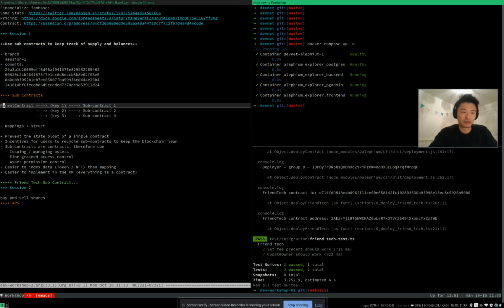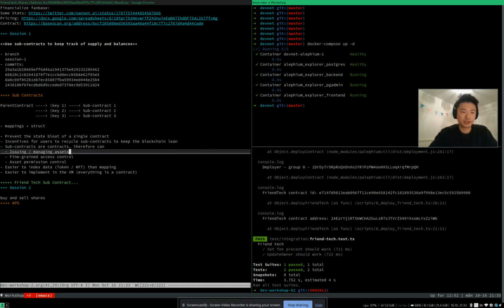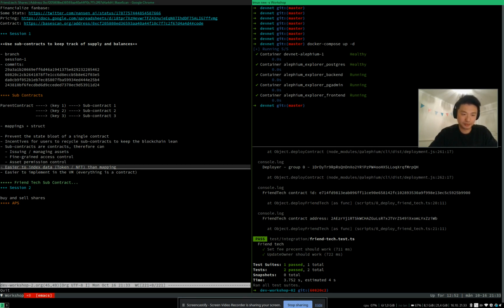Of course, you can also refer to it using a combination of the collection ID plus the index. But sometimes it's a lot easier to just refer to it using the subcontract ID. And from the implementation perspective, it makes things a lot easier in the VM because everything is just a contract. So that's the benefit of subcontracts compared to mapping.